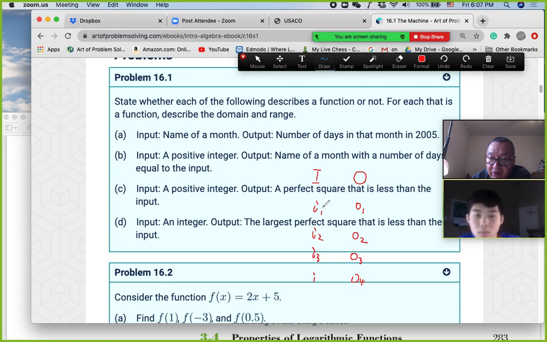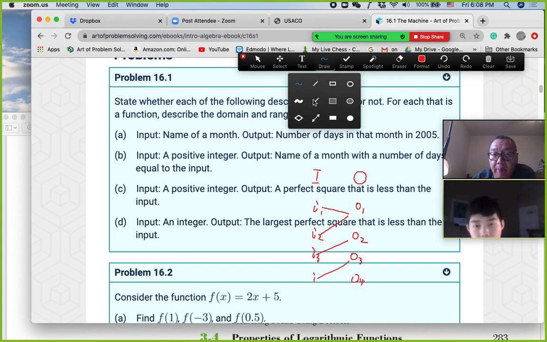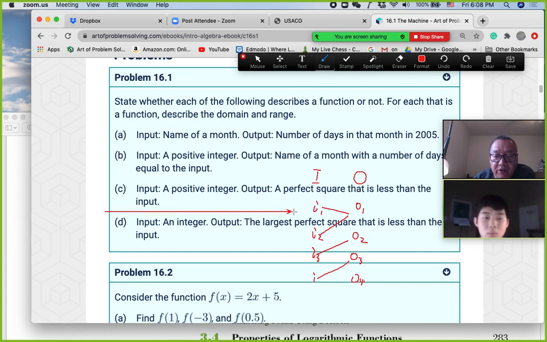We also allow, say, I1 and I2 to correspond to the same output, O1, and I3 to correspond to another one. This is also a function. If you draw a graph of a function, you just need to check like this. For this case, this is a discrete function.